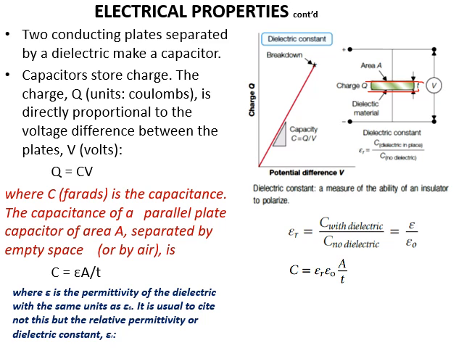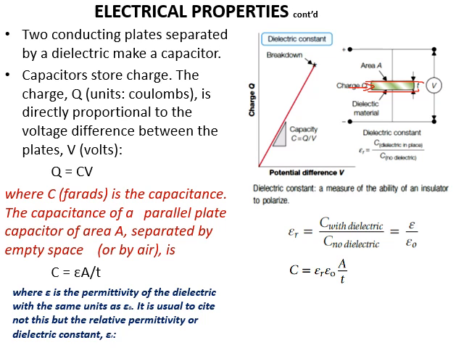The charge Q, in coulombs, accumulated between the plates is proportional to the voltage difference V, in volts. So Q equals CV, where C is the capacitance in farad.